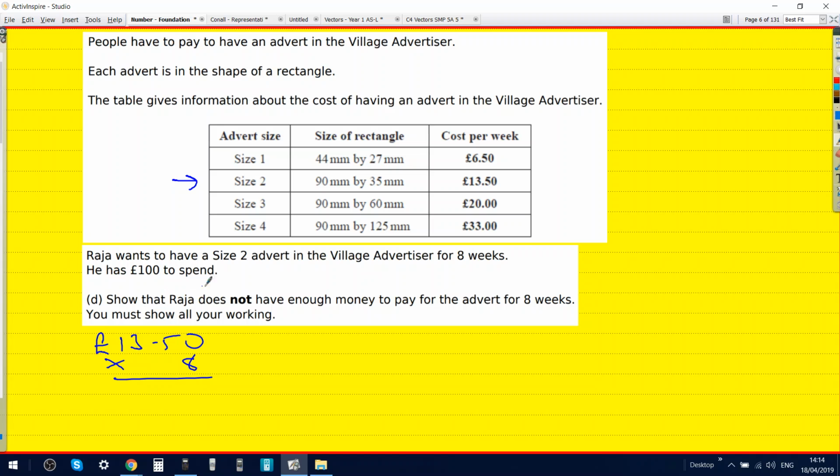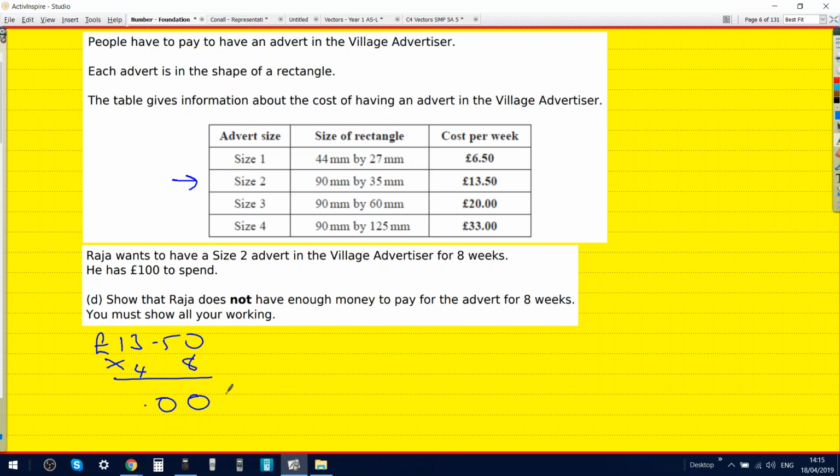8 times 50p. Or 8 times 5 is 40, so add a 0. And then that's £4. So 8 times 100. 4 goes on top of the 3.